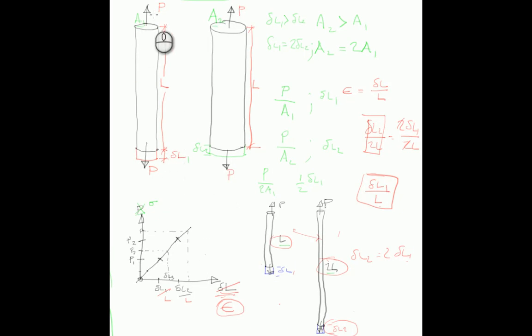So the force may change. In order to get the same strain, in order to make this twice as big, we may need to make this force twice as big. But again, 2P over A2, A2 is twice the size of A1.